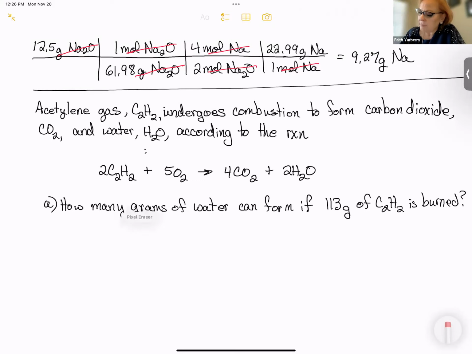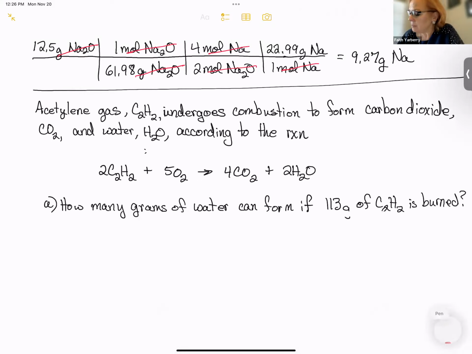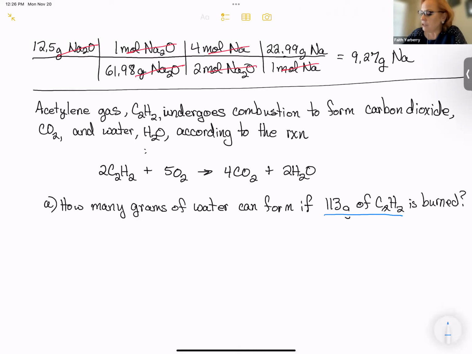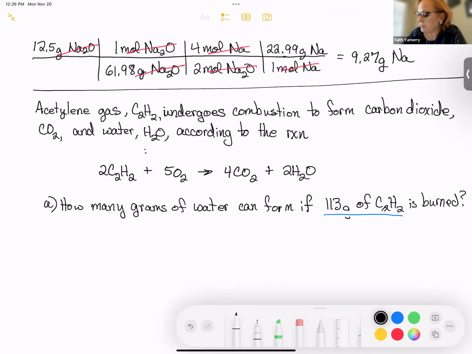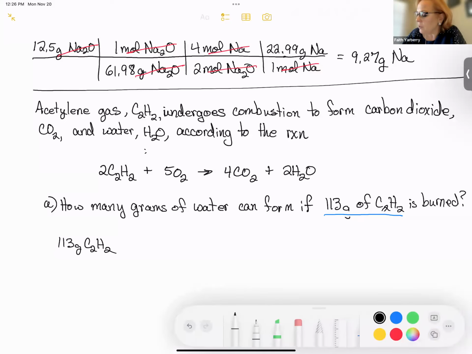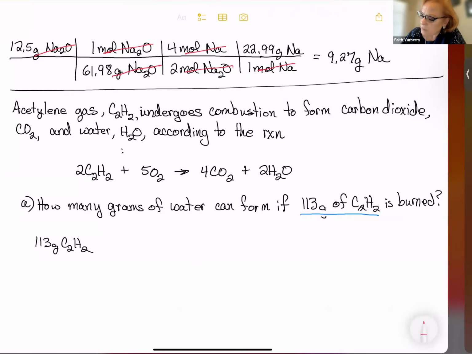Okay, so let's look at what we were given and what we want to solve for. We were given 113 grams of C2H2. We were asked to solve for grams of water.